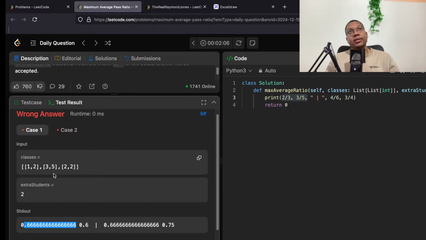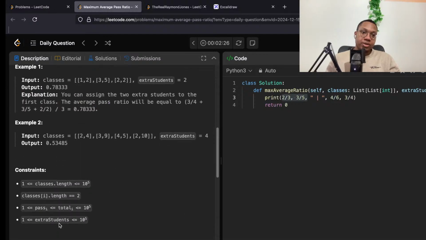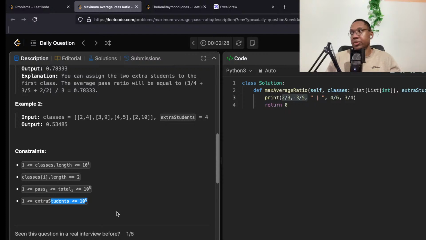So let me apply it and then repeat. I mean, it's got to be O of n. But it's O of n times k for the students, which is slow because this thing can be pretty big, 10 to the 5th, so we've got to do better.